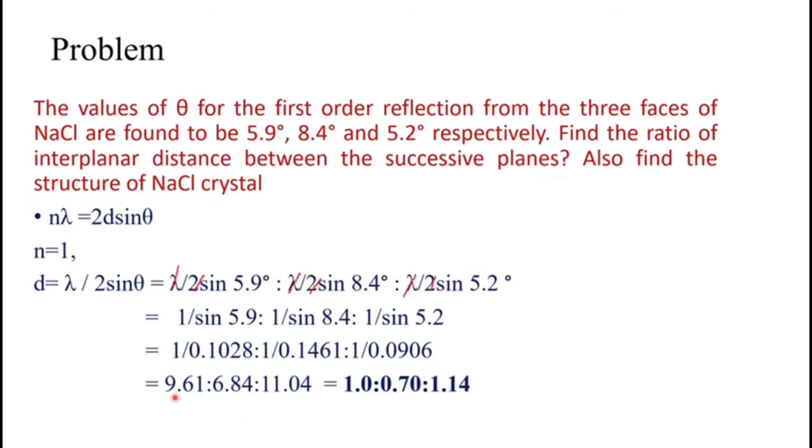That is 9.61 is to 6.84 is to 11.04. So when we are simplifying this one, dividing with 9.61, we will be getting 1 is to 0.70 is to 1.14. This is in accordance with face-centered cubic structure.